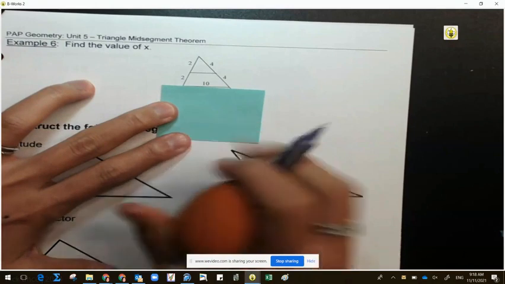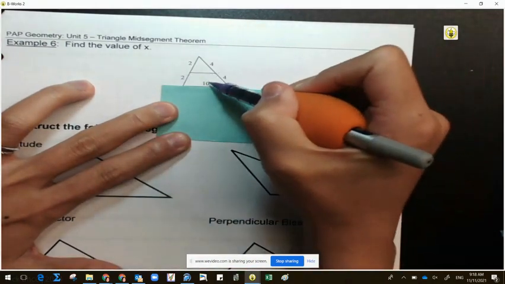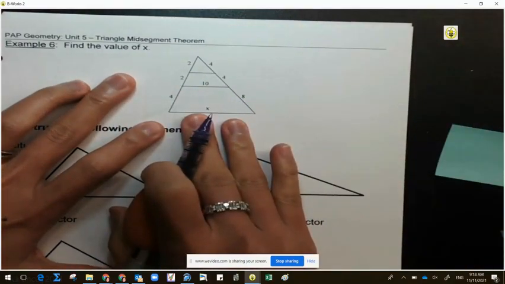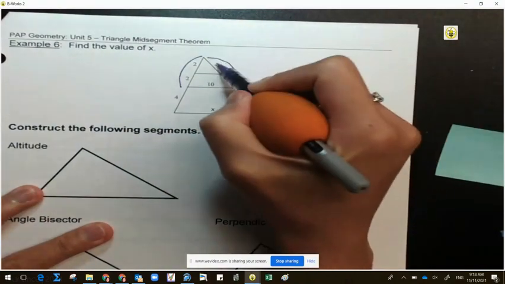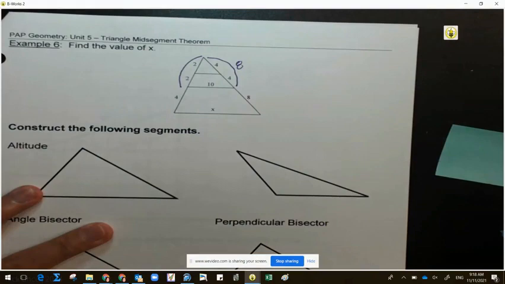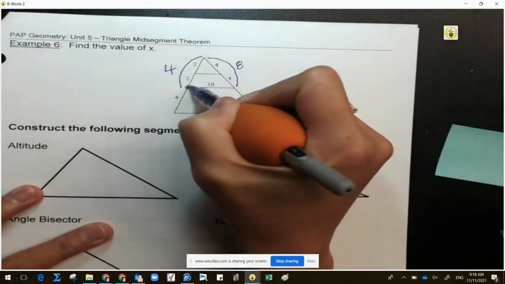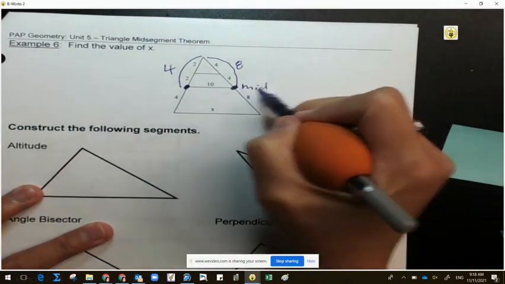If I hid this triangle, do I have mid-segment to mid-segment? So I could then say that 10 is going to make this a 5. But that has nothing to do with x, correct? So instead, I can put these 2 together and say 4 plus 4 is 8. Then I have 2 plus 2 is 4. So the mid-segment of these 2 is these 2 points, middle to middle.